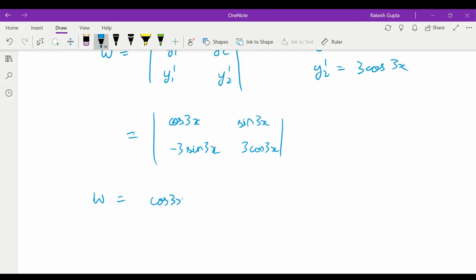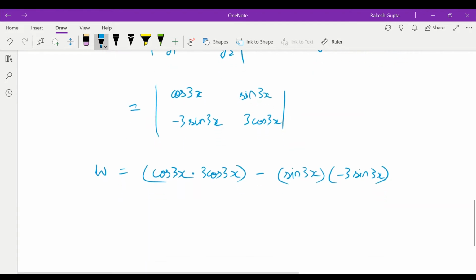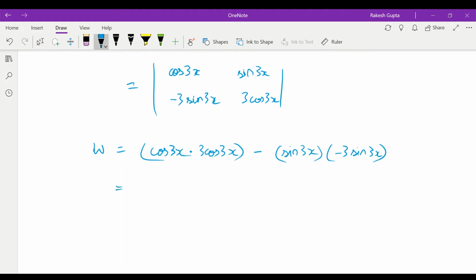Now when we solve the determinant further, we get cos 3x multiplied with 3 cos 3x, subtracted by sin 3x multiplied with minus 3 sin 3x. So it is 3 cos square 3x plus 3 sin square 3x.